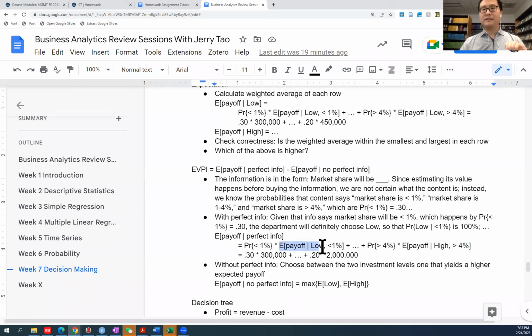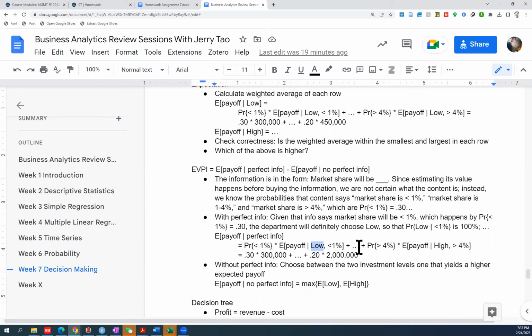Then we need to find the correct payoff under each scenario. I walked through this in the discussion: if the information says that market share is smaller than 1%, we would definitely choose low. We don't take an average between low or high, right?